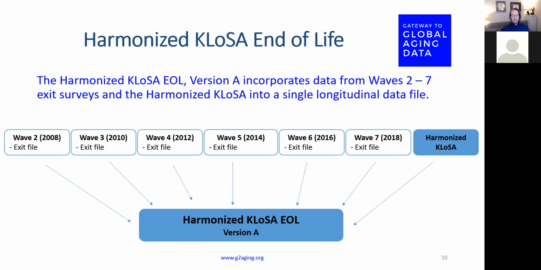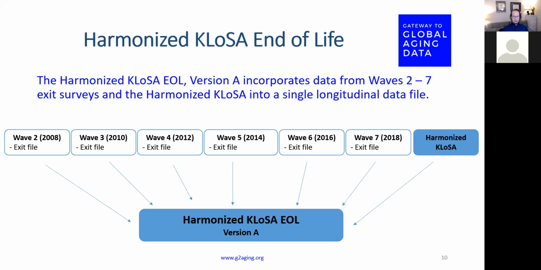We also produce a Harmonized KLOSA end-of-life data set. So it's another Harmonized KLOSA data set that we produce, and the end-of-life data set focuses on those exit surveys that are done at KLOSA with deceased respondents. So if someone dies who's part of the KLOSA sample, they try to find a next of kin or a spouse or a caregiver to provide the KLOSA survey team with information about what that person's end of life was like.